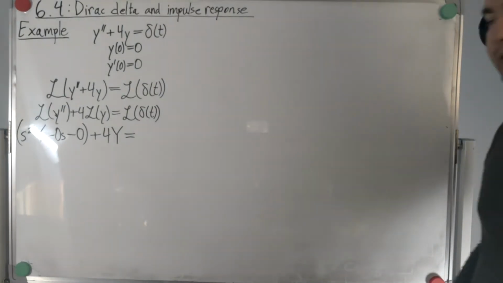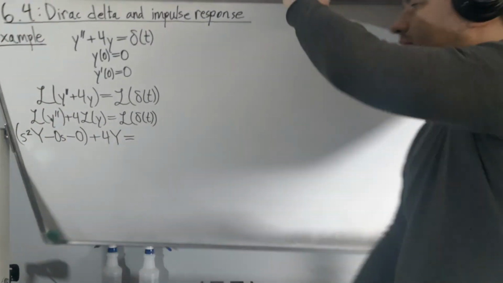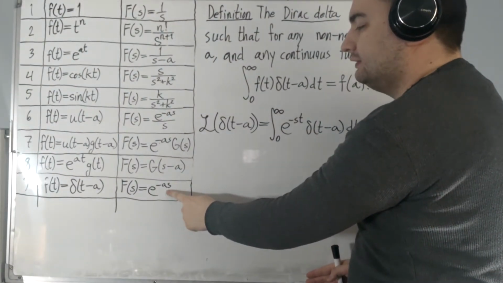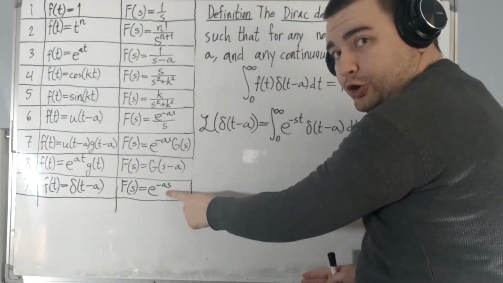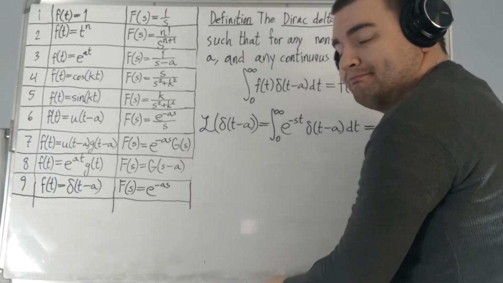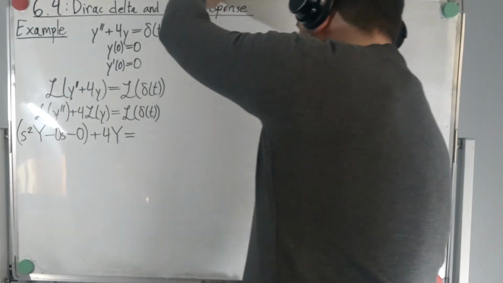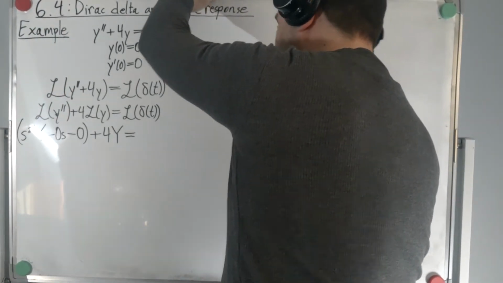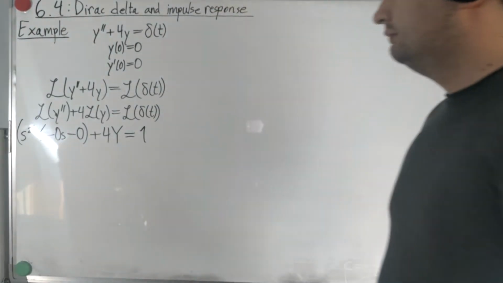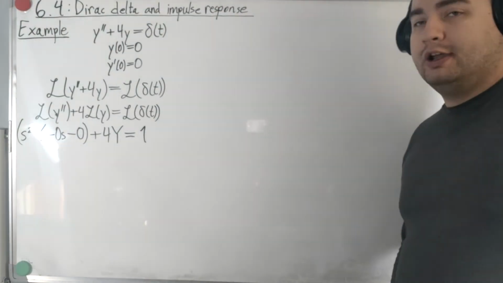The Laplace transform of delta of t is e to the negative as. In this case, a is 0. So that's just going to be e to the 0, which is 1. So this comes out to be 1 on the right-hand side there.